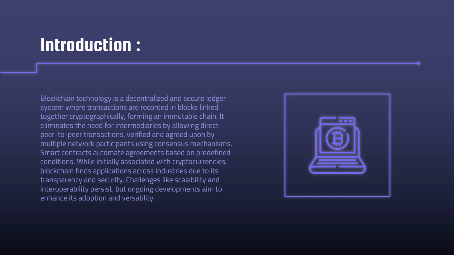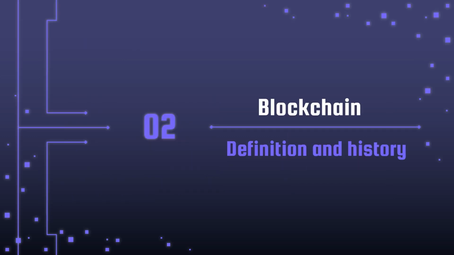Smart contracts automate agreements based on predefined conditions. While initially associated with cryptocurrencies, blockchain finds application across industries due to its transparency and security. Challenges like scalability and interoperability persist, but ongoing developments aim to enhance its adoption and versatility.